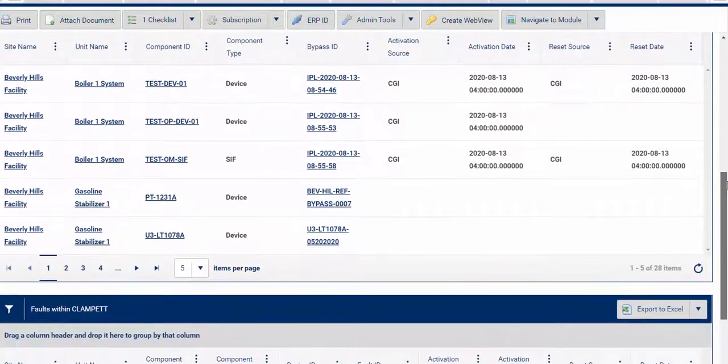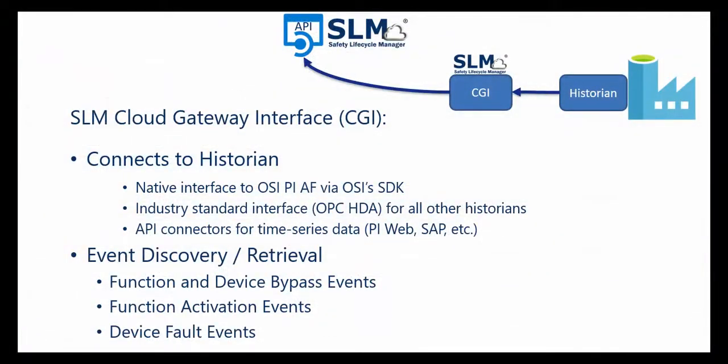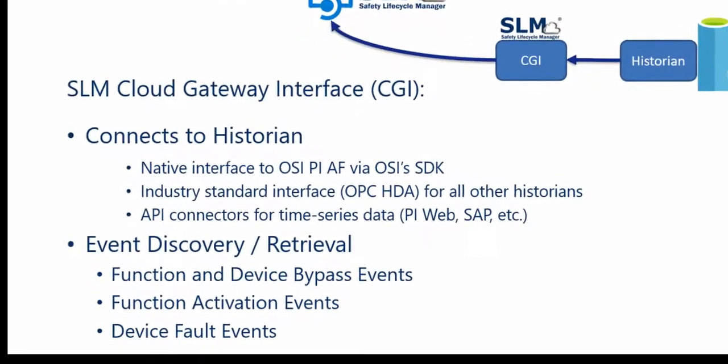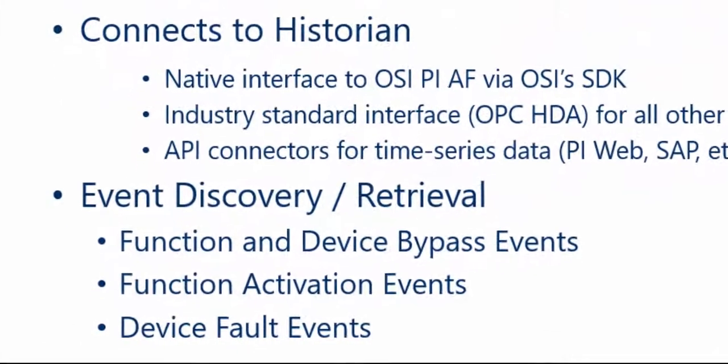Through SLM's CGI adapter, data can flow without human input from third-party systems into SLM. During implementation, the integration team will work with the client to develop configurations that properly identify each of the record status types to ensure it is accurately logged as a demand, bypass, or fault.